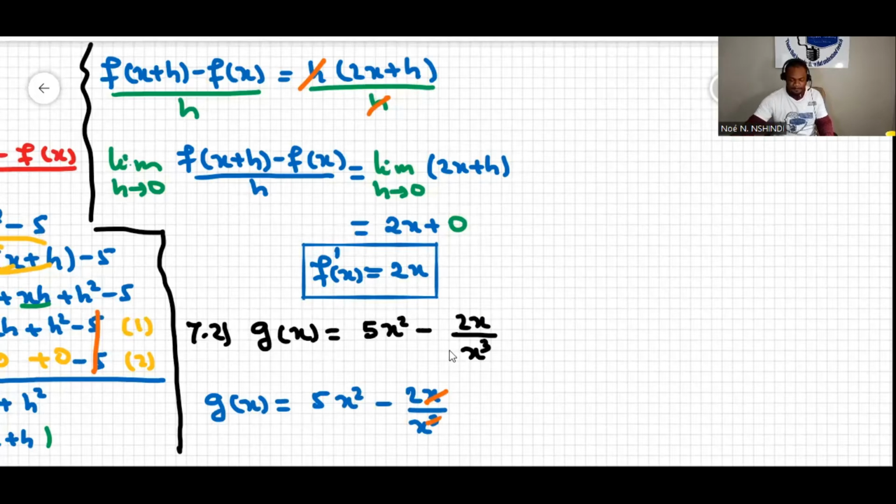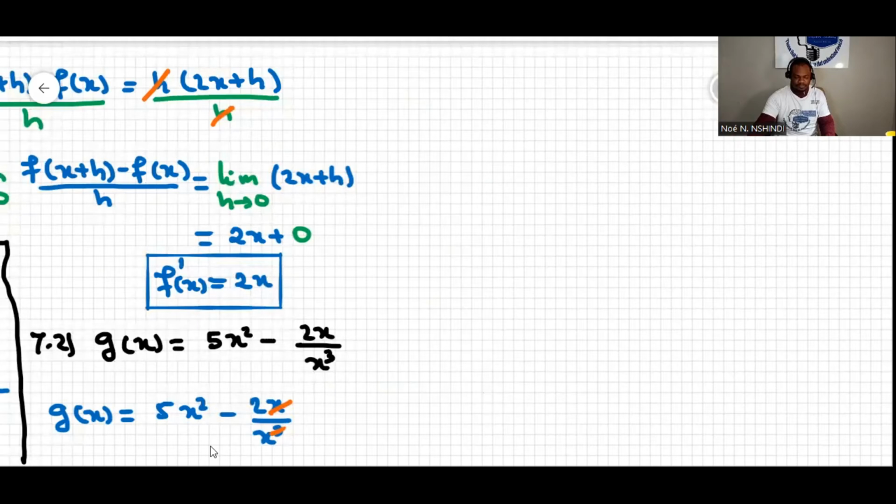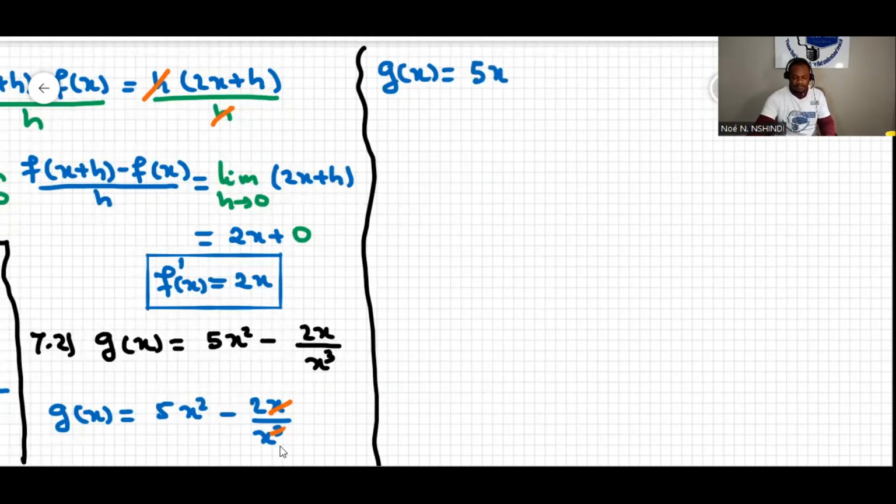It will become g of x equal to 5x squared minus 2 over x squared. So far, I did not find a derivative yet, just transforming the function. And then I can continue.